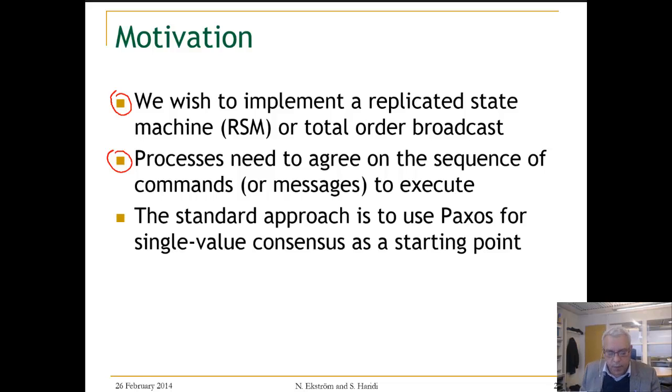The standard approach is to use Paxos for single value consensus as a starting point, and then to use multiple of these single-shot Paxos instances to address a sequence of commands.